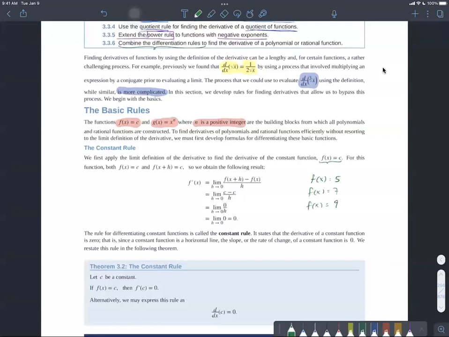And each of these would take some time if you use the limit definition of the derivative. But notice that we can do this in general for just f(x) = c, and let's see what the derivative of this would be. For this function, both f(x) = c and f(x + h) = c. So we obtain the following result.